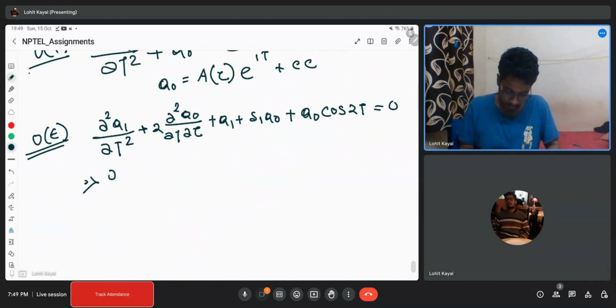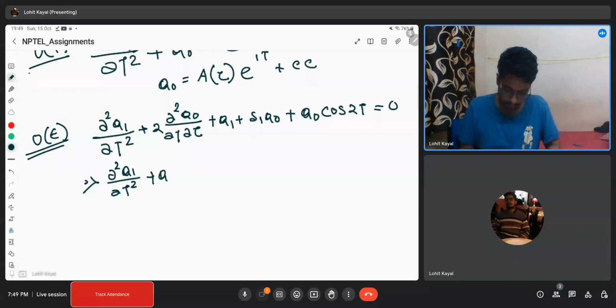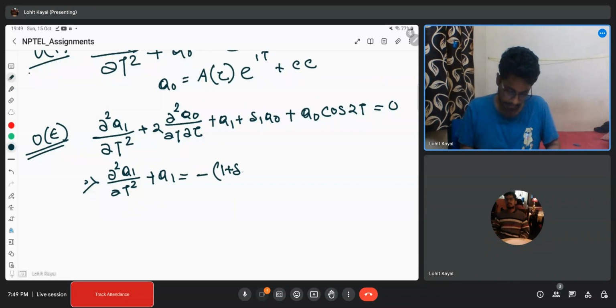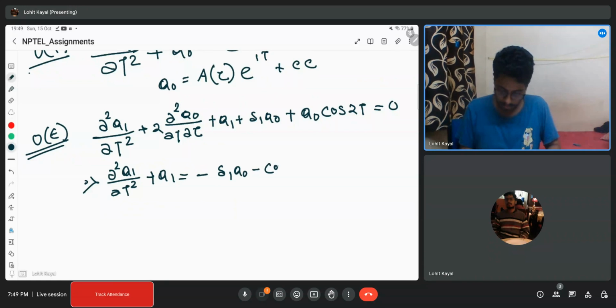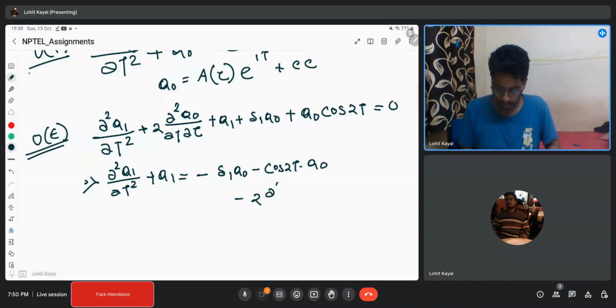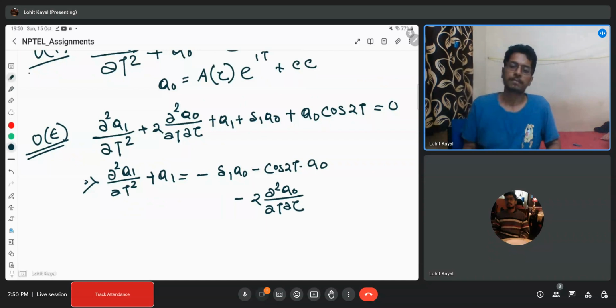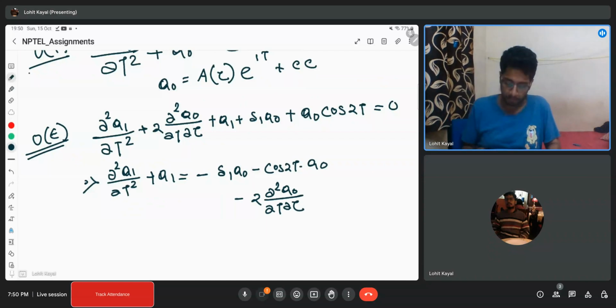This implies ∂²A1/∂t² plus A1 equal to minus δ1A0 minus cos 2t into A0 minus 2 ∂²A0/∂t∂τ.